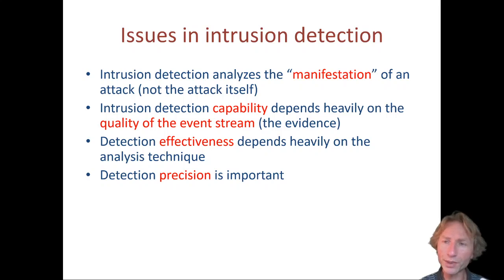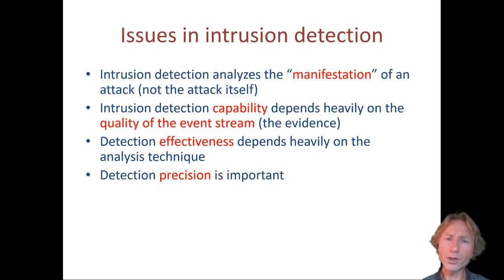So what do you get in terms of events, and how reliable are they, and how detailed are they? In other words, the evidence for detecting attacks determines the capability of the intrusion detection system. And the effectiveness depends heavily on what analysis technique you use. And here, precision is very important.